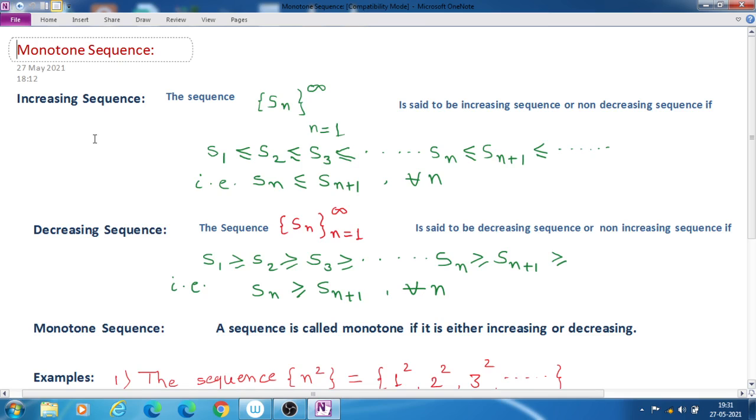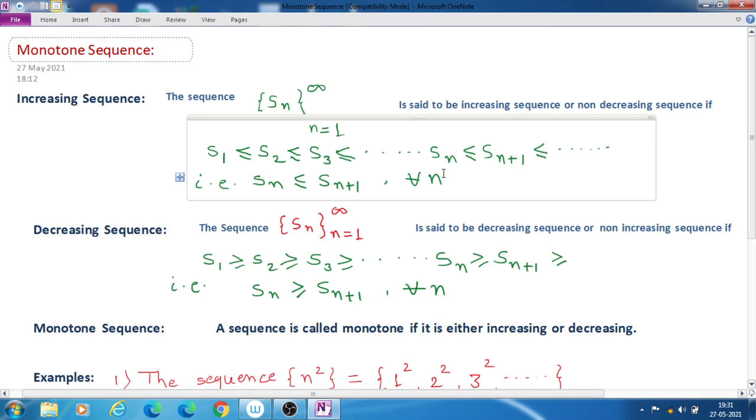A sequence Sn, n equal to 1 to infinity, is said to be an increasing sequence or non-decreasing sequence if S1 is less than or equal to S2, S2 is less than or equal to S3, S3 is less than or equal to S4, and so on.